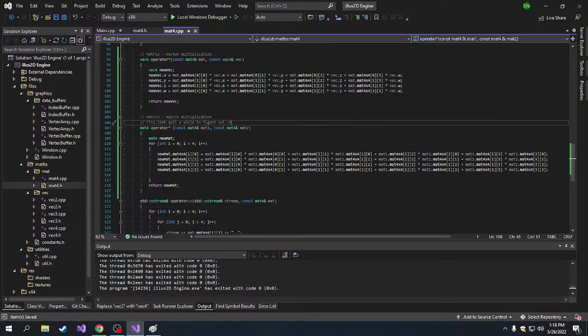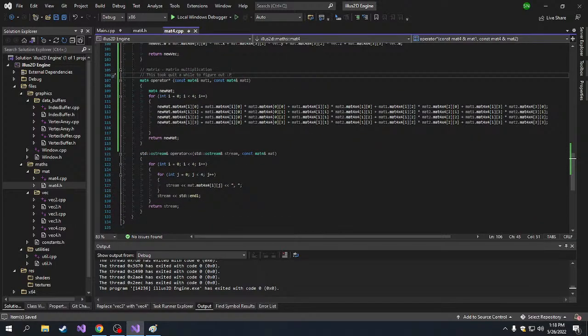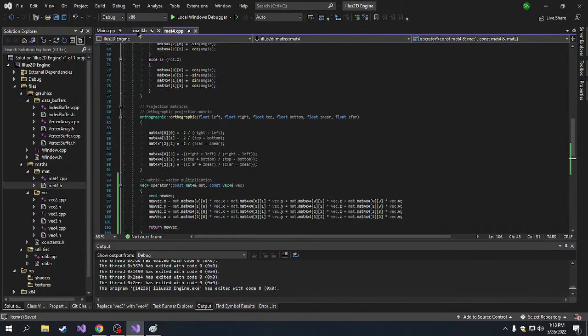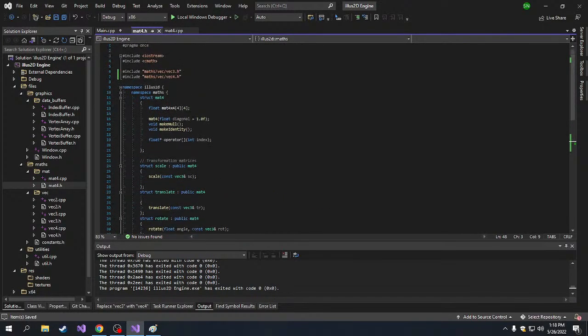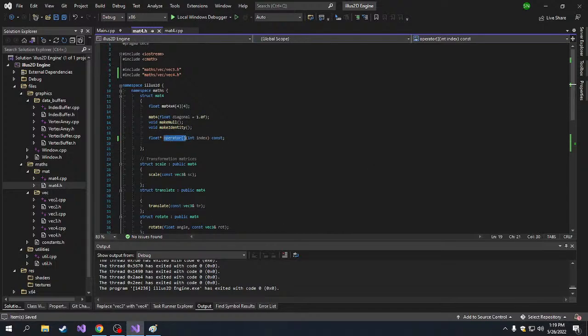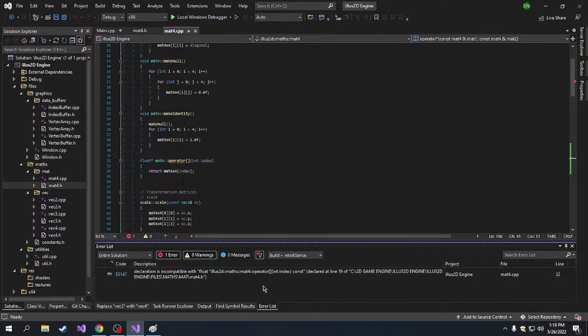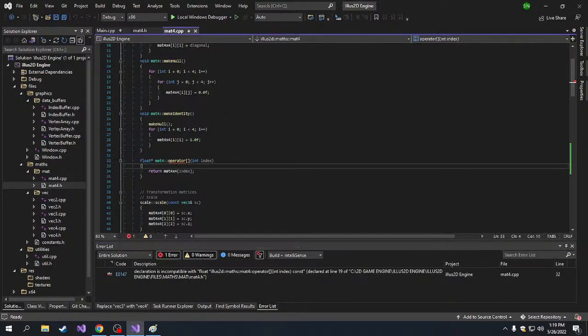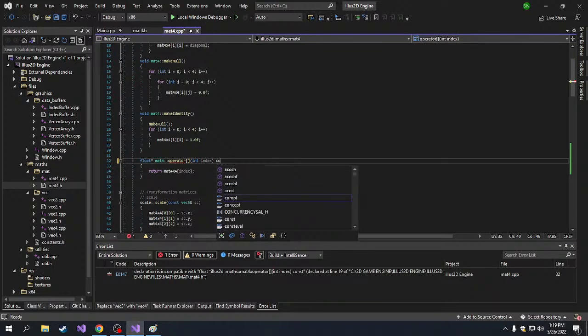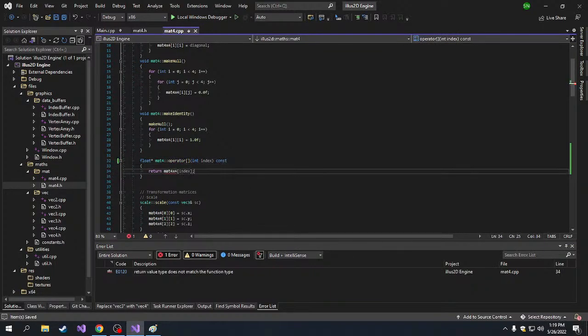Okay, yeah, that's pretty much it. I guess. Do I have anything else? I'm probably gonna make it a const here. So if I do this, I can probably get a CPP error. Declaration is incompatible, of course the declaration is incompatible. Return but doesn't match function type. Why would you say that?